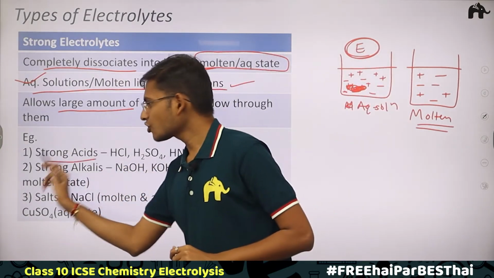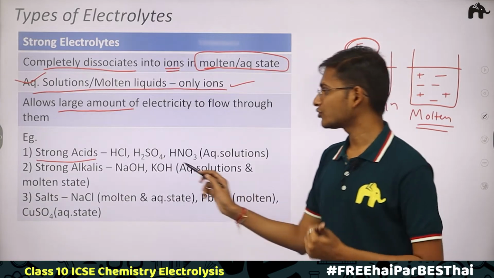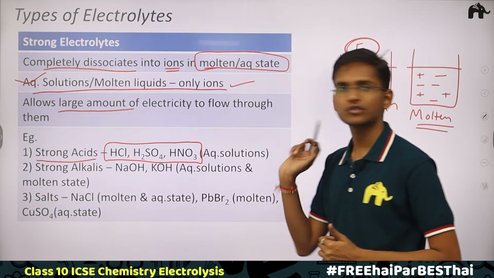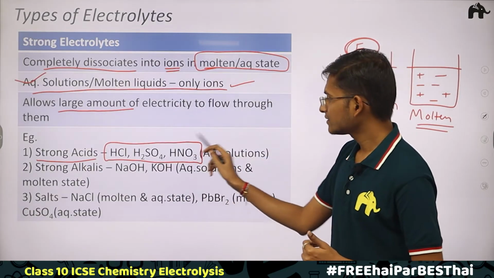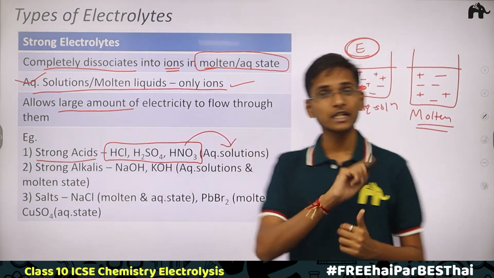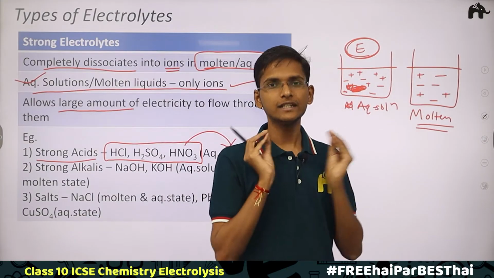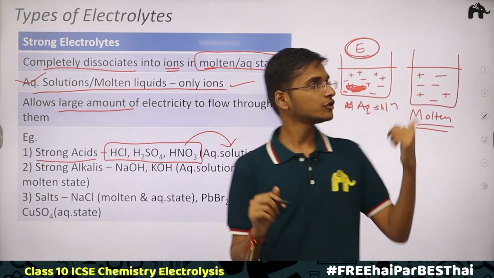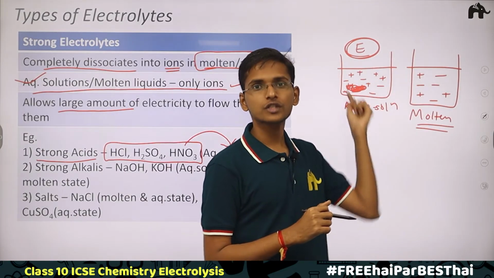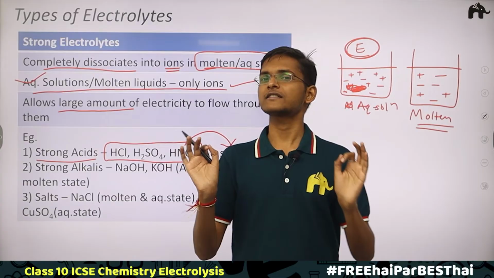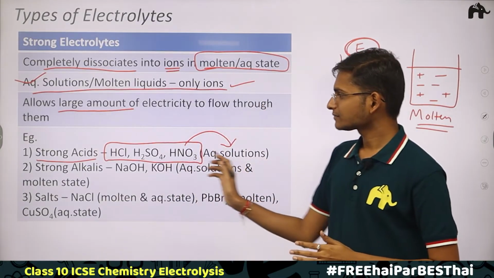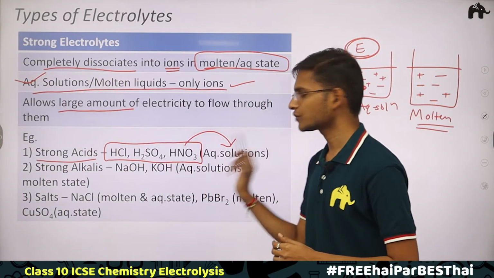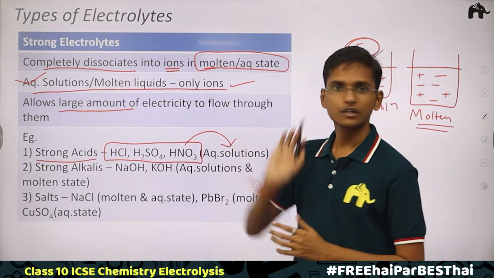Such strong acids, HCl, H2SO4, HNO3, hydrochloric acid, sulfuric acid, nitric acid, dissociate completely in their aqueous solution. You won't find a trace of HCl, H2SO4 or HNO3 molecules in their aqueous solutions, you would only find ions. So strong acids like HCl, H2SO4, HNO3 in their aqueous solutions are examples of strong electrolytes.